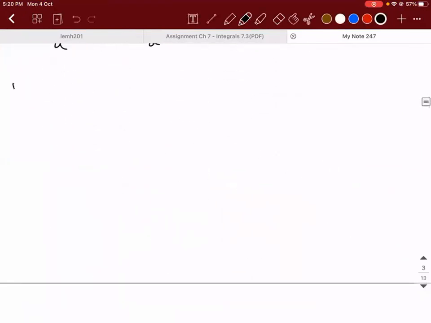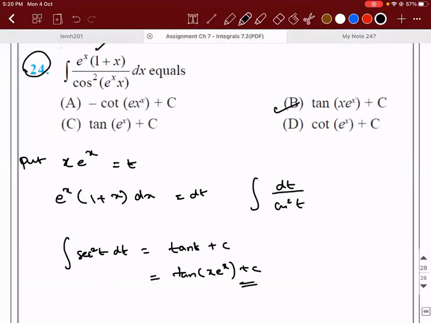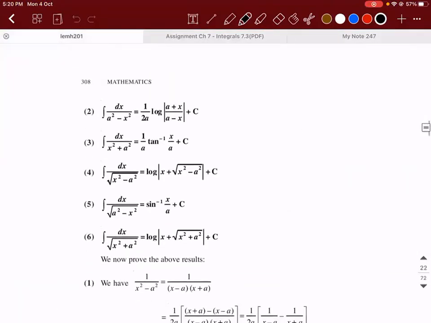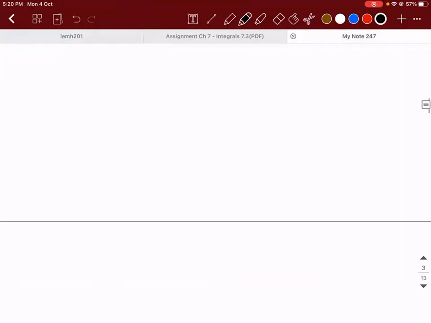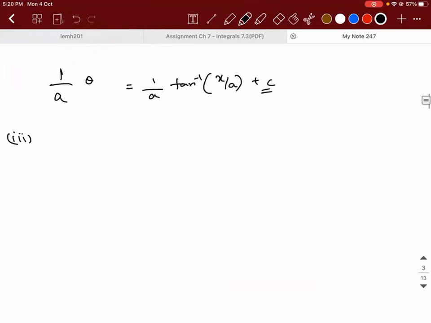Third, so 1 by a square minus x square. Integral of 1 by a square minus x square dx.